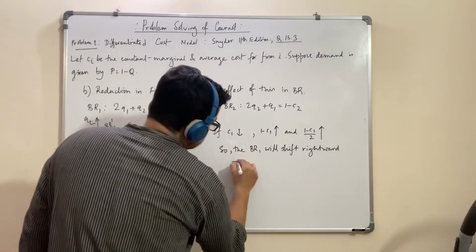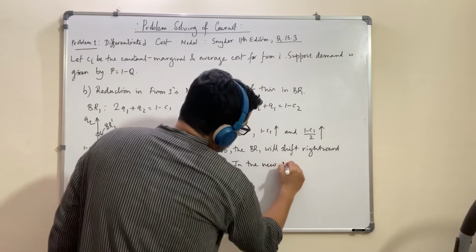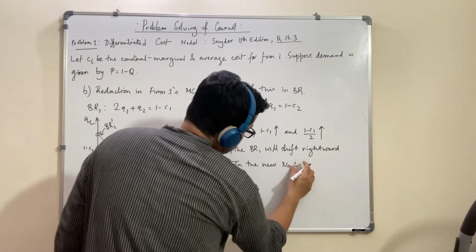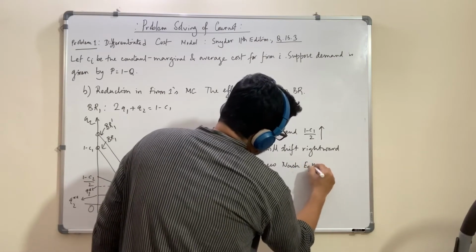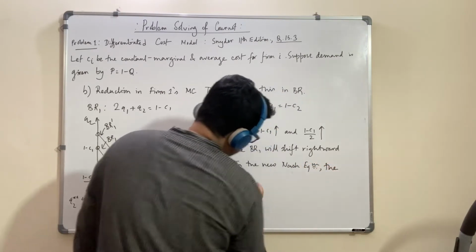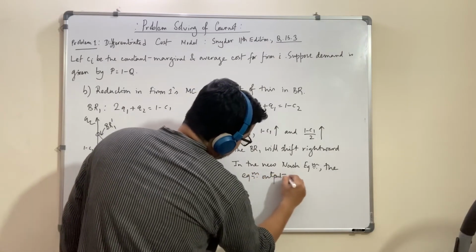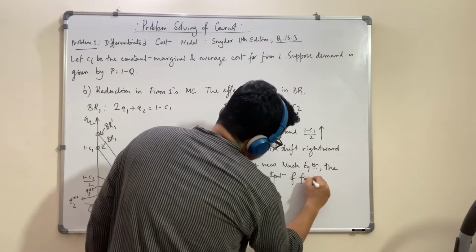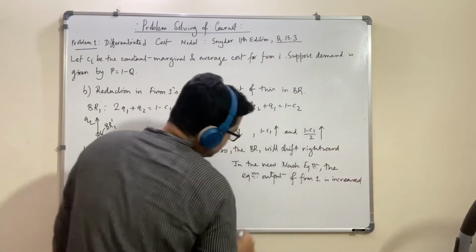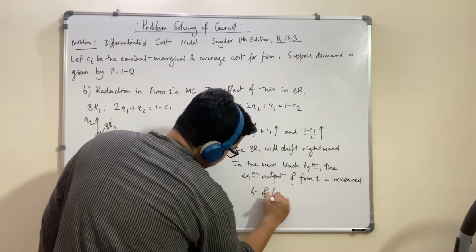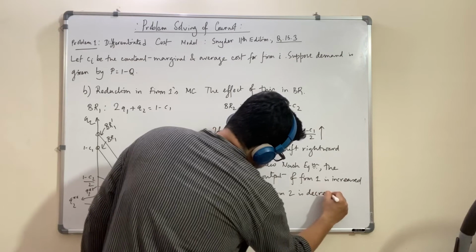So our answer is that in the new Nash equilibrium, because these are best response functions, the equilibrium output of firm 1 is increased and of firm 2 is decreased.